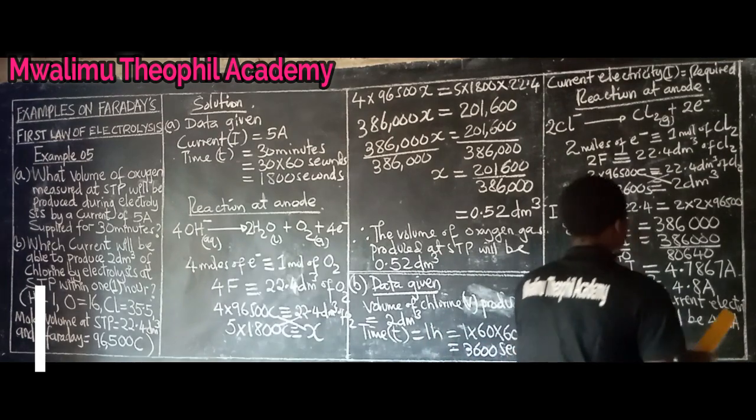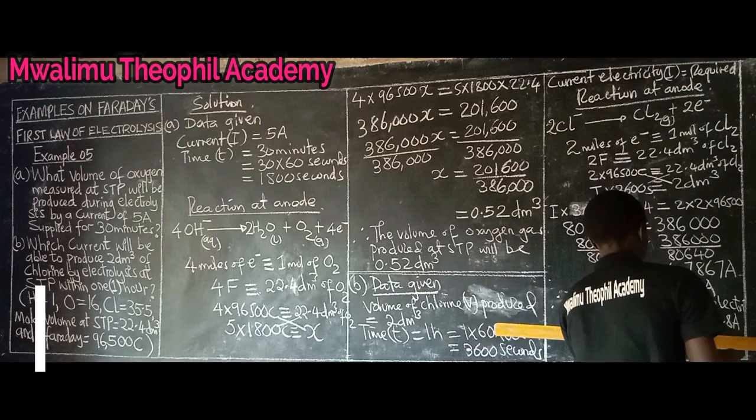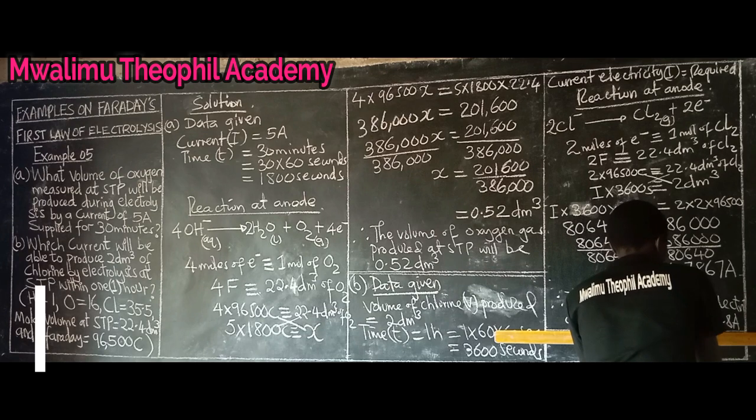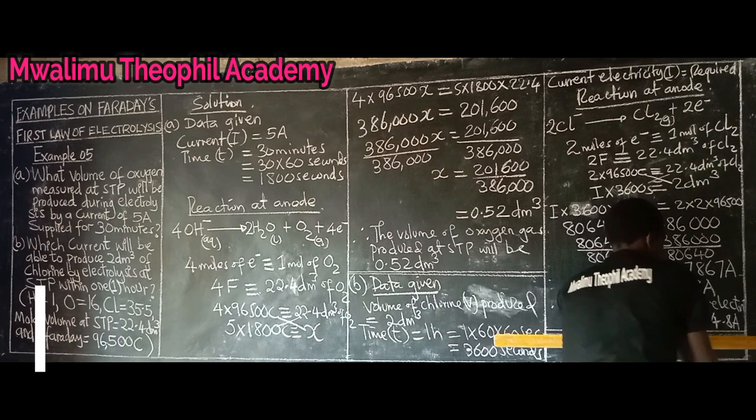And this is the answer for example 5, part B. Example 5, part B, the answer is 4.8 ampere.